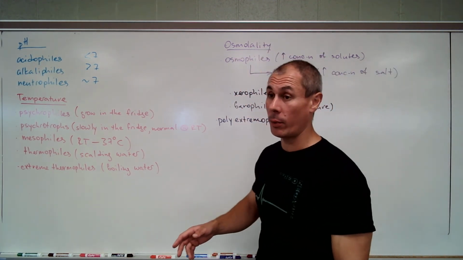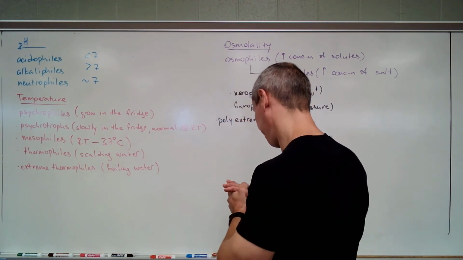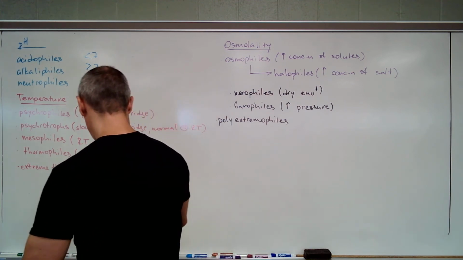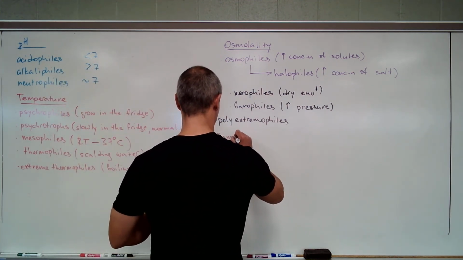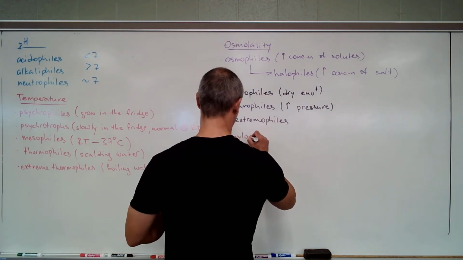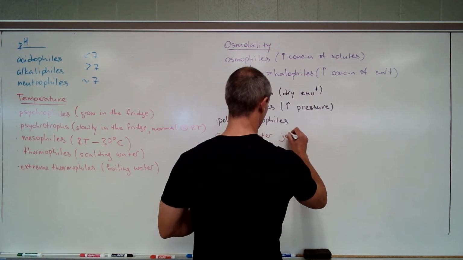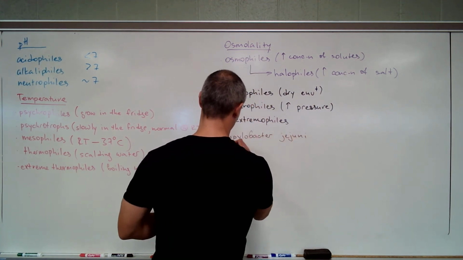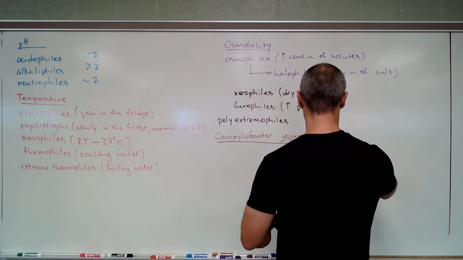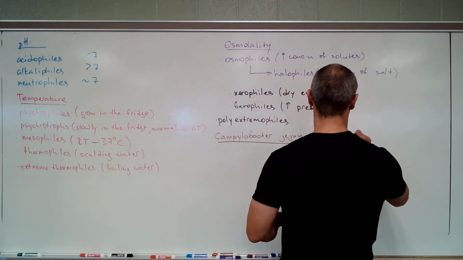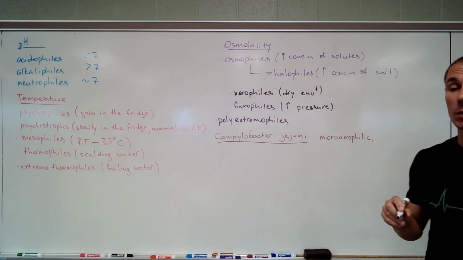Microorganism that is an example of a microaerophile: Campylobacter jejuni. So this is microaerophilic, and on top of that it's also capnophilic.